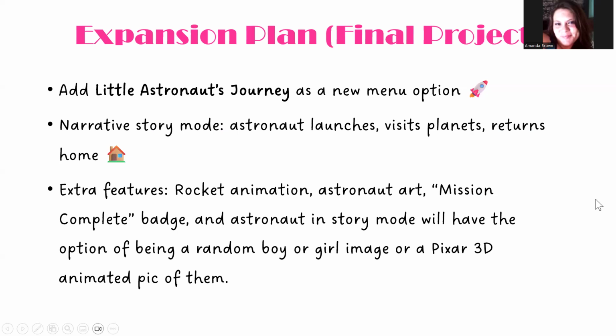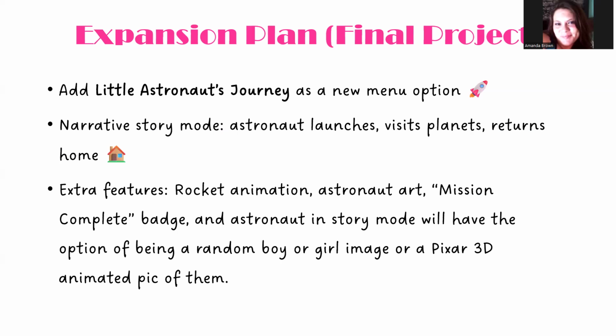My development timeline is a rough timeline. Weeks 1 and 2 will be: set up the Unity project, build the main menu scene with buttons, and create the solar system overview scene with orbiting planets. Week 3: implement planet detail scenes with fun facts and narration, integrate sound effects and custom art assets, and test navigation and user interactions.